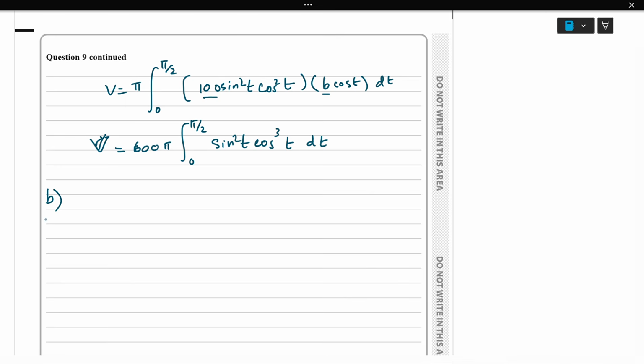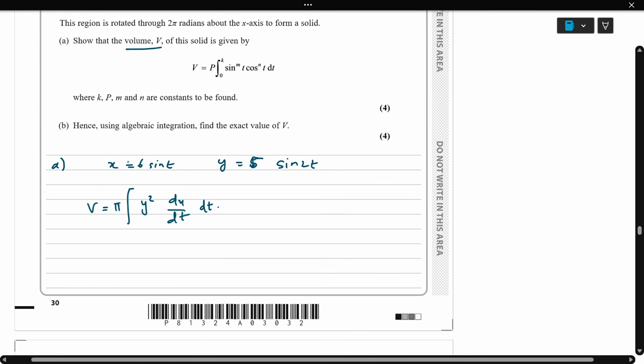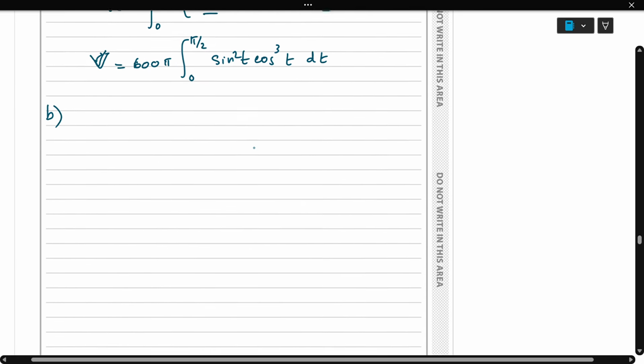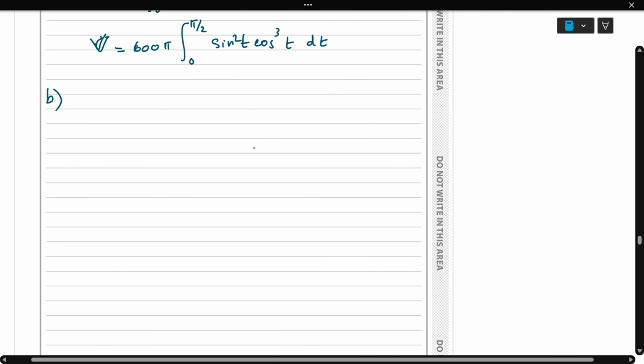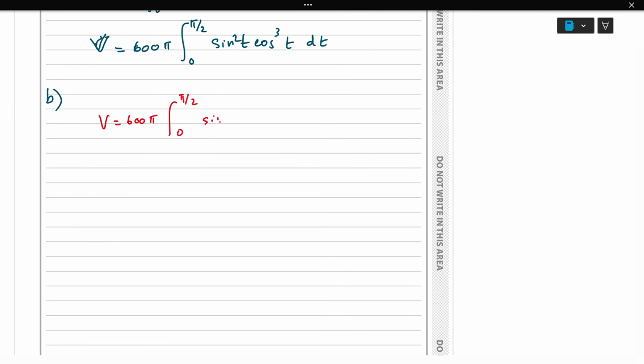Now part B. They say, hence using algebraic integration find the exact value of V. So here volume equals 600 pi into the integral from 0 to pi by 2 of sin squared t cos cubed t dt.